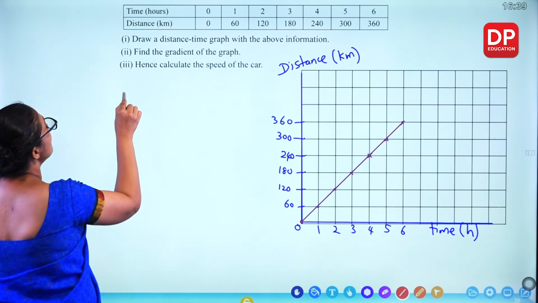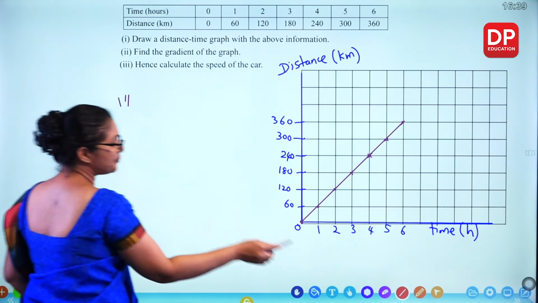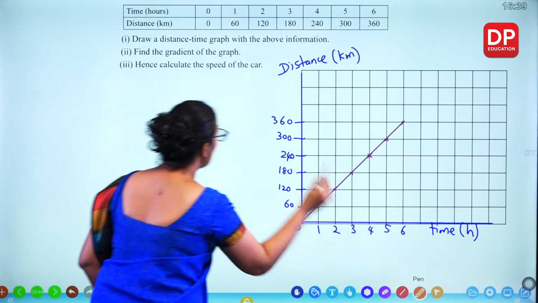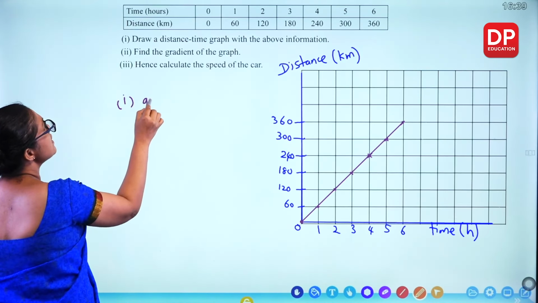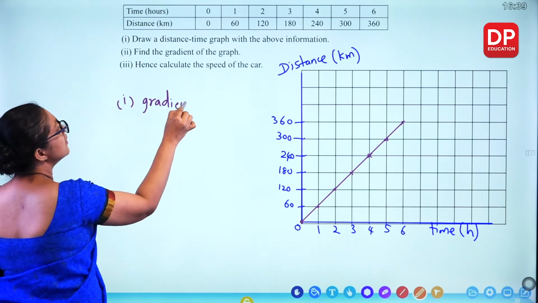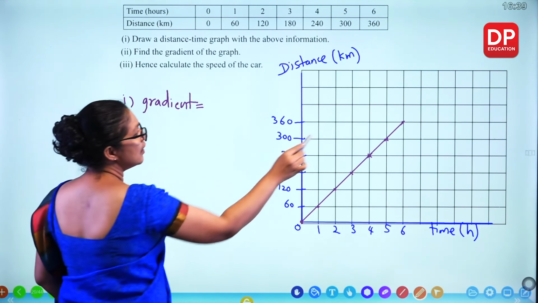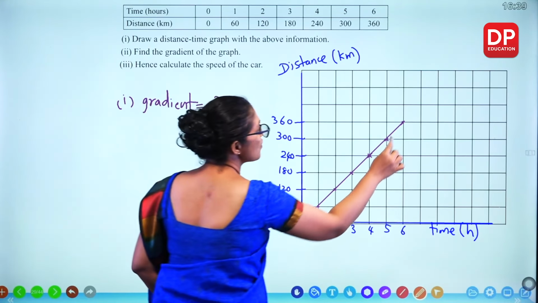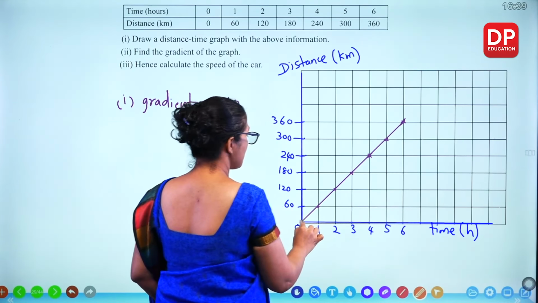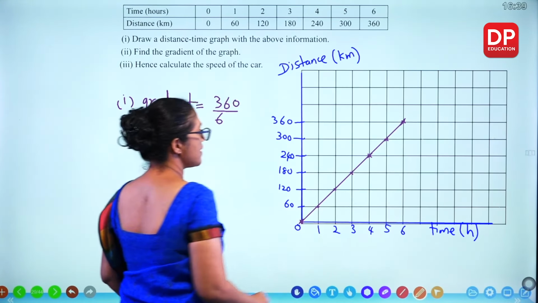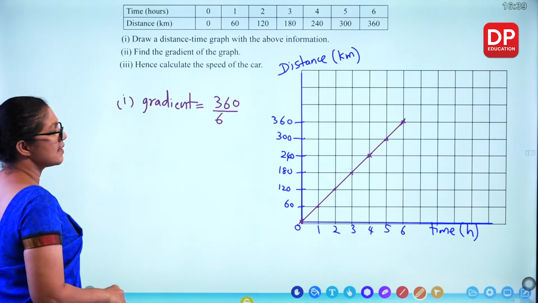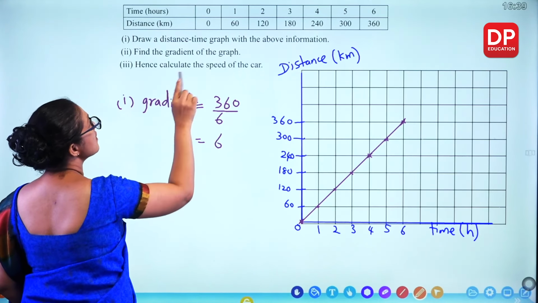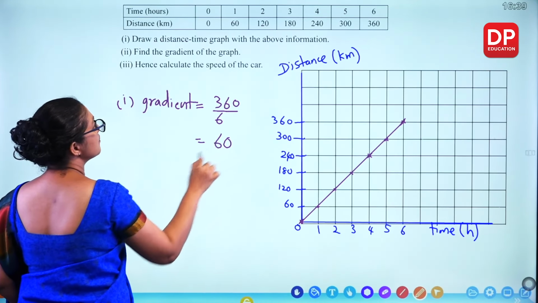So I can find out the slope or gradient. 360 within 6 hours. So if you take this point and this point, the total distance is 360 within 6 units. So what's the speed, or what's the gradient? 60.